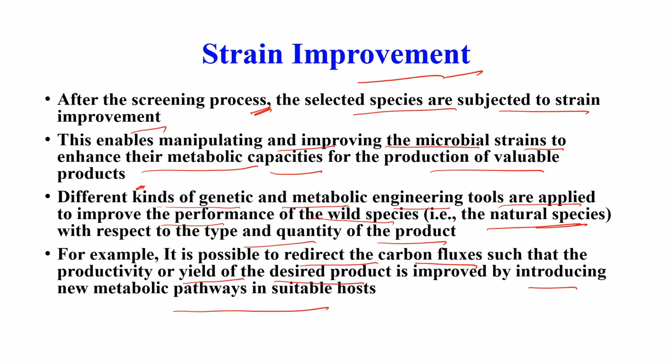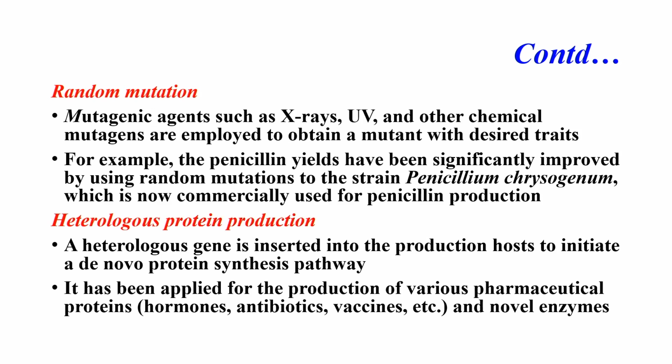It is definitely possible to stop those other byproducts, so that all the carbon flux goes to your main product. With metabolic and genetic engineering, you can use any host to produce any novel metabolites by applying genetic engineering. I will discuss a few approaches here quickly.